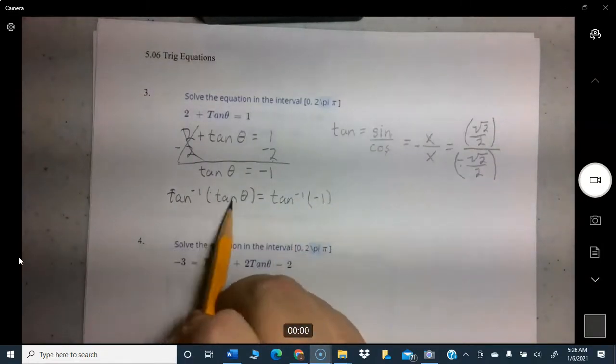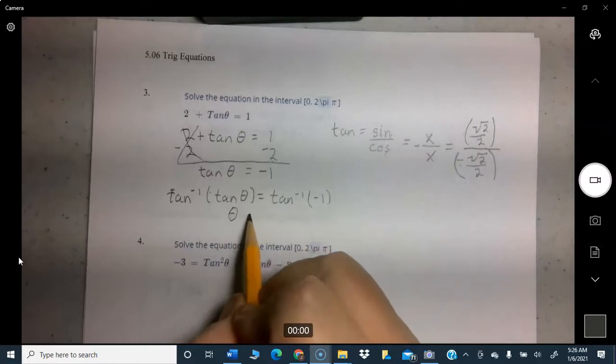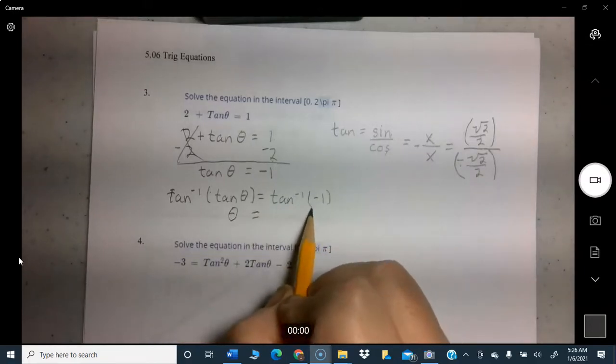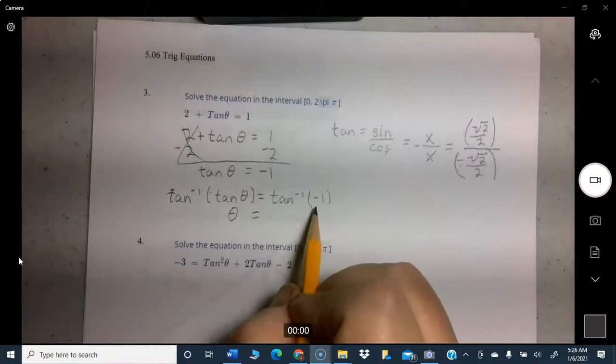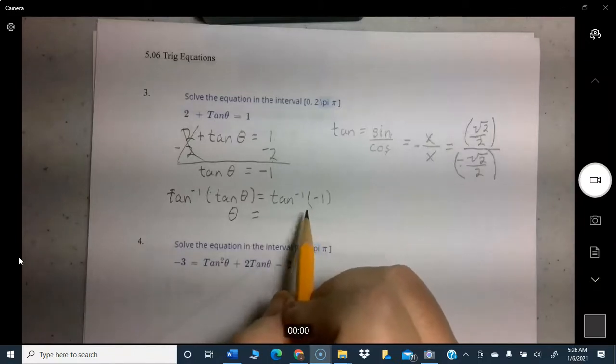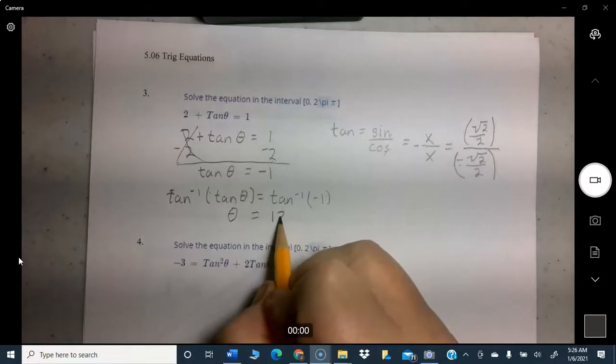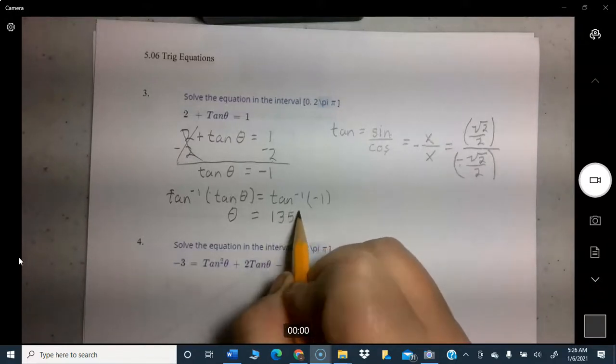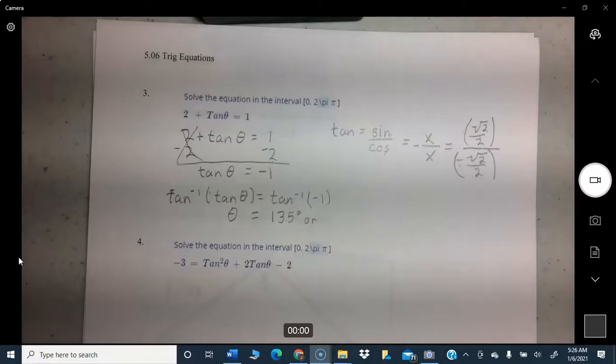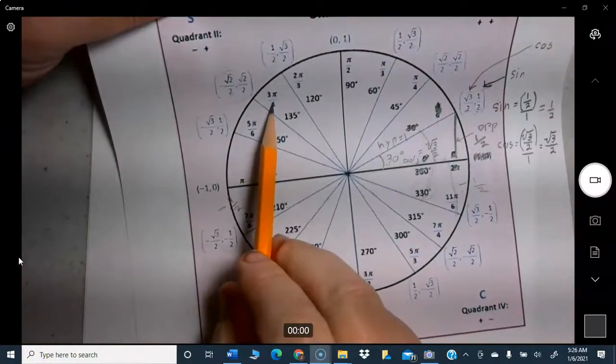Okay, so this undoes this and makes this theta. And if you did this on a calculator, you would end up with 135 degrees, or the other answer we're about to get. So theta equals 135 degrees, or 3 pi over 4.